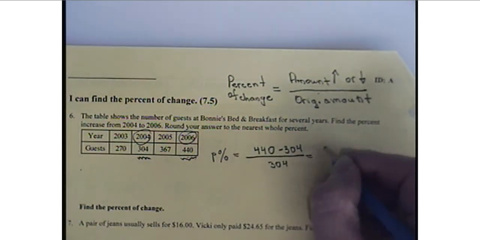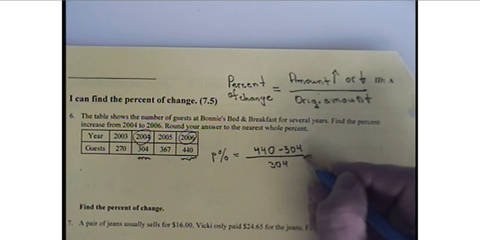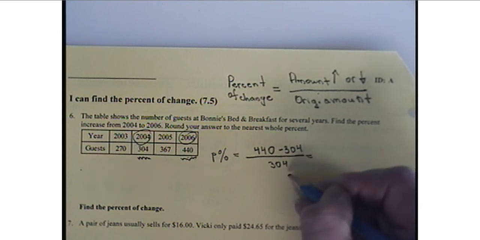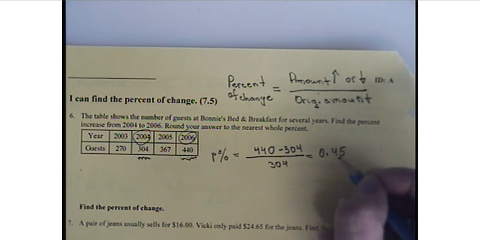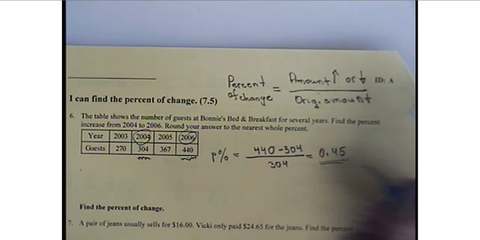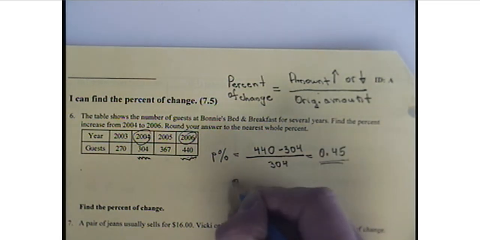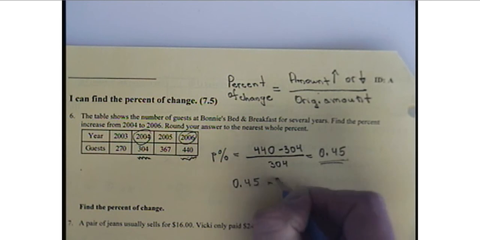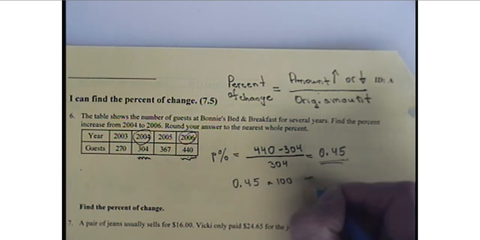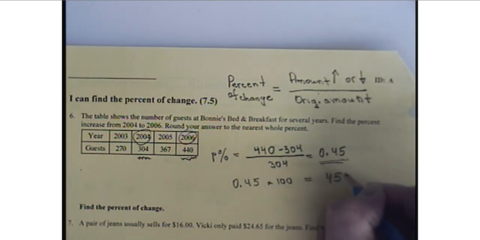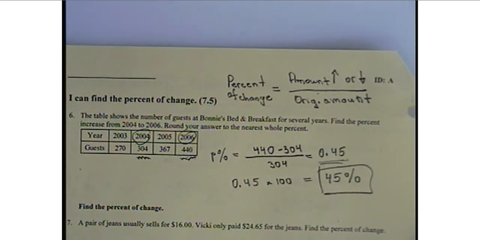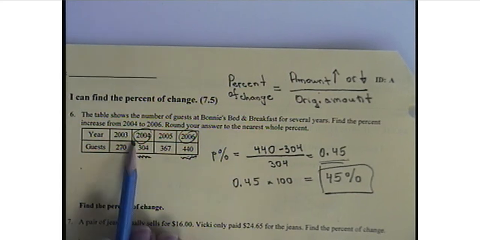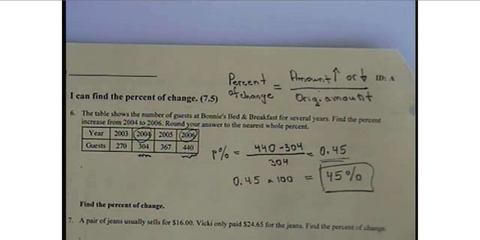Well, if we calculate 440 minus 304 divided by 304, you will get 0.45. Now remember, this is a decimal amount. The percentage you will get when we multiply 0.45 by 100. That will give us 45%. So the increase will be 45%, from 2004 to 2006.